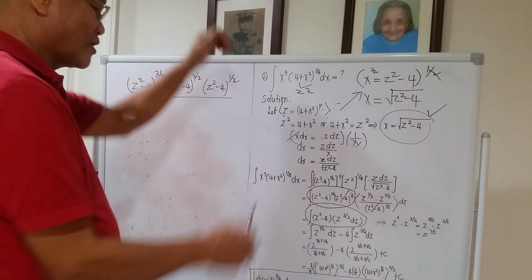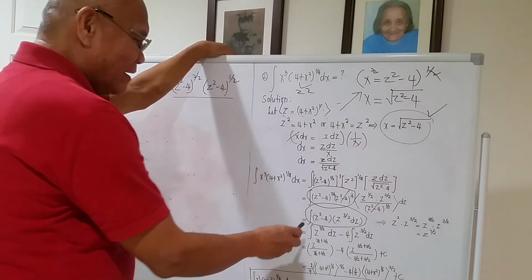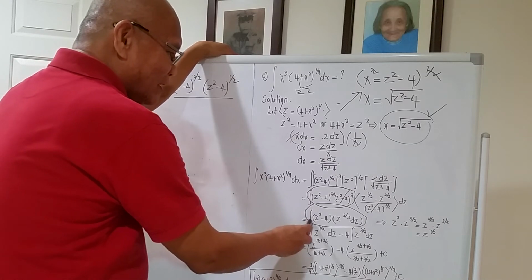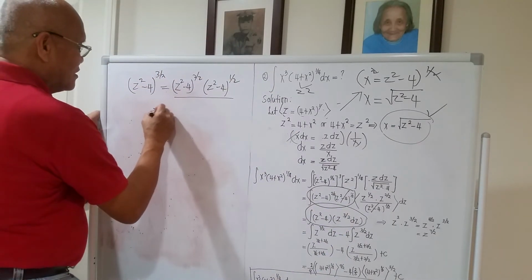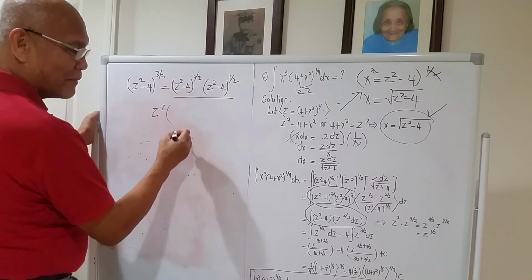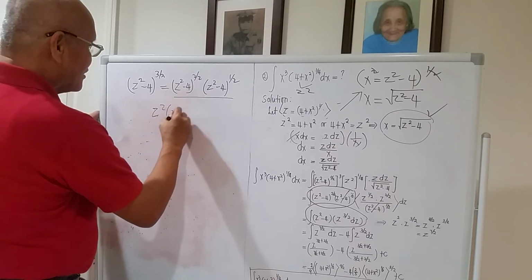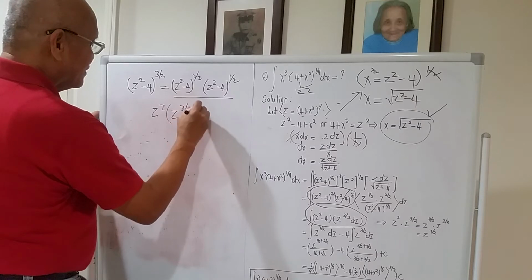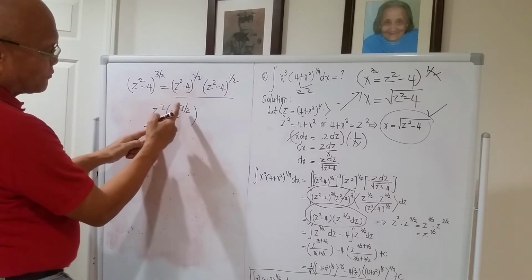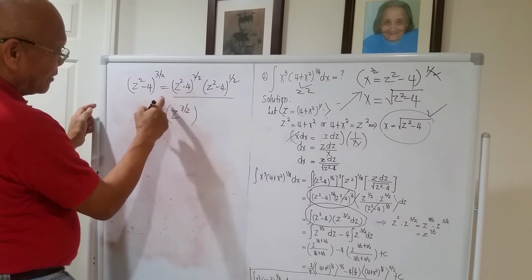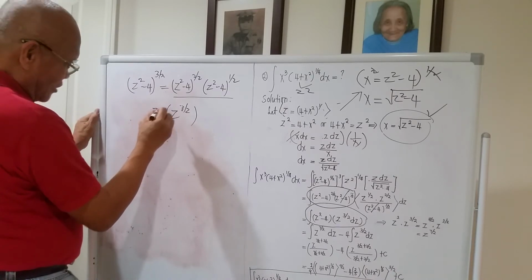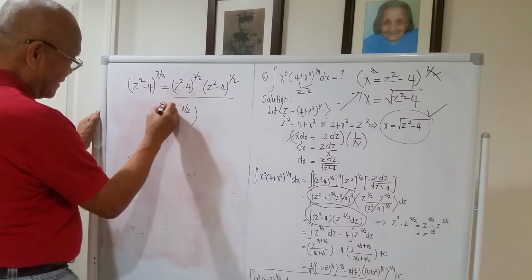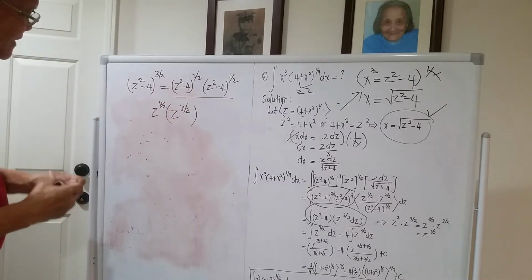So if we try to expand, c squared times z to the 3/2 is actually c squared multiplied by z to the 3/2. This is a fraction, so I will write c squared as 4/2, right?